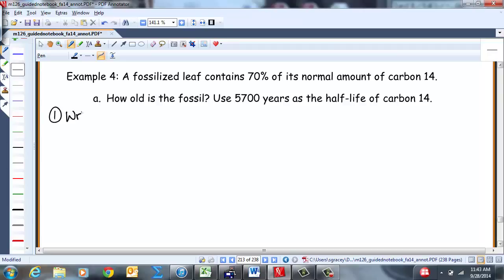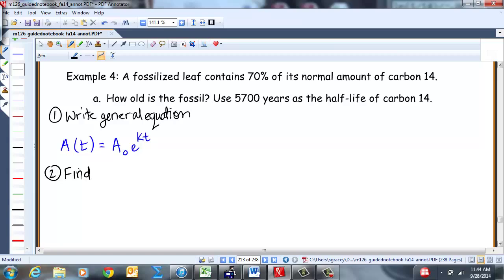So we want to write the general equation. Let's do A for amount. So the amount at time t is the initial amount, which we don't know, times e to the kt. Now, believe it or not, we can go ahead and find k, even though we don't have the initial amount, because we have a relationship here.